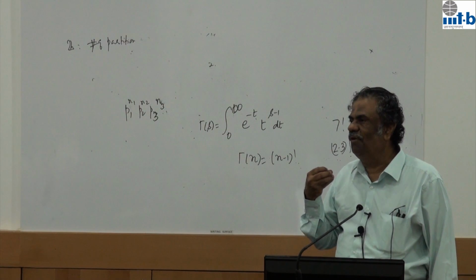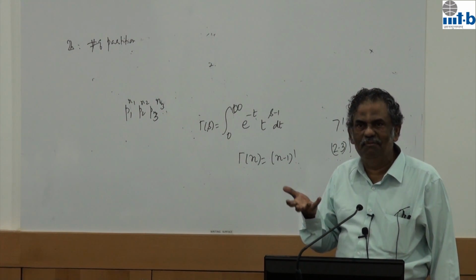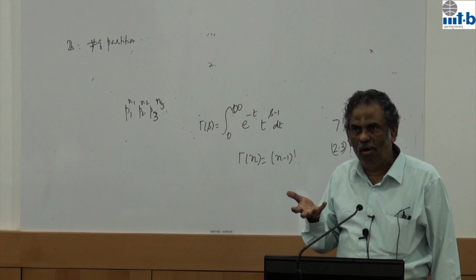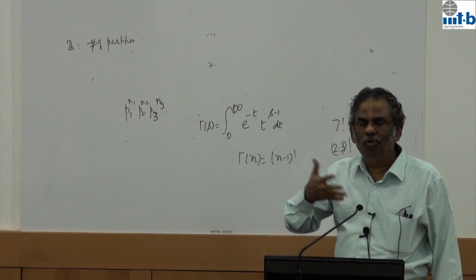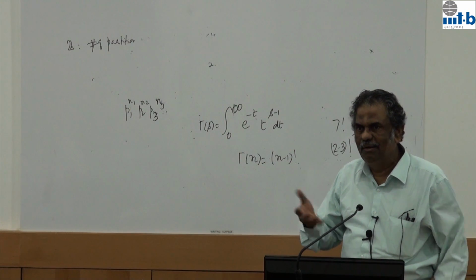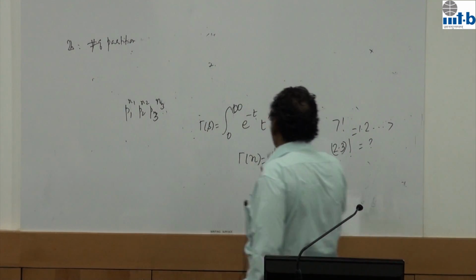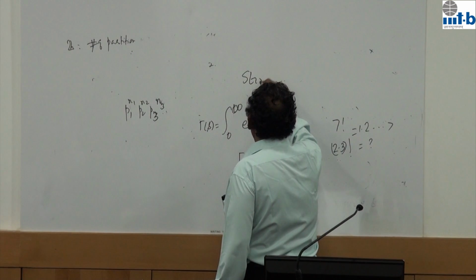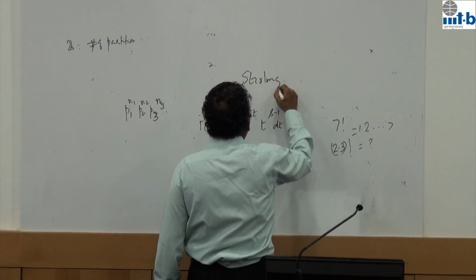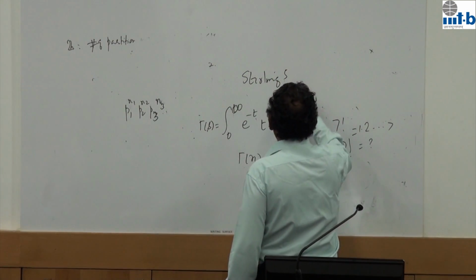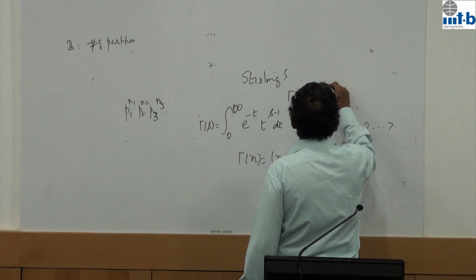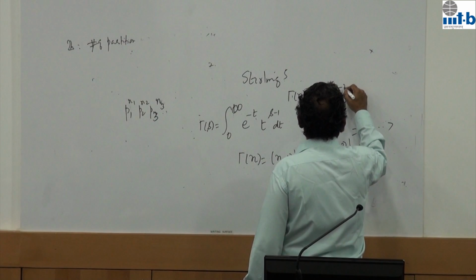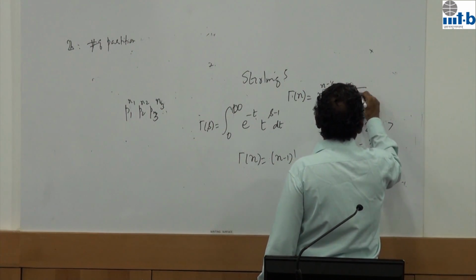It is very difficult to know exactly what is going on, but by looking at this as an integral, which can be easily studied, it can be proved, by the so-called Stirling's formula, which says essentially gamma n is equal to n power n minus half, e power minus n, square root of pi.